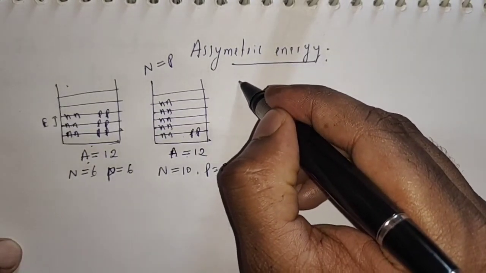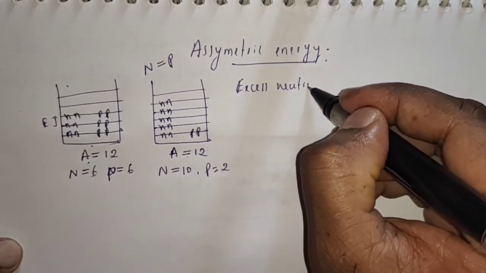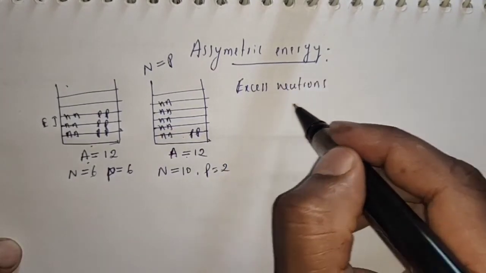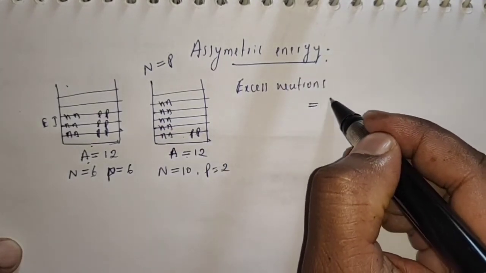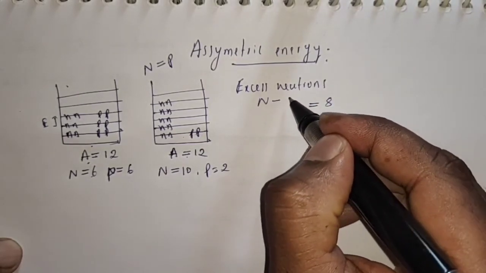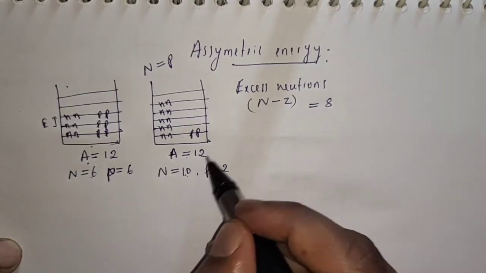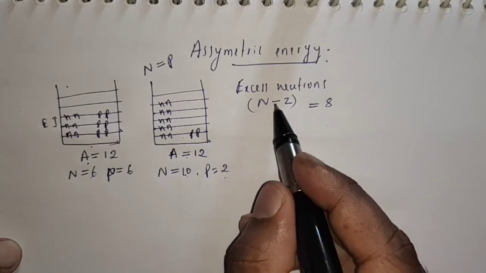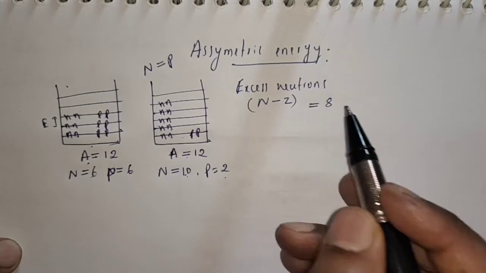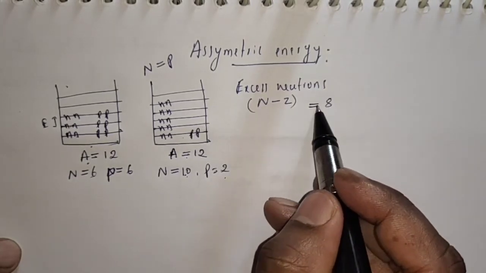There are excess neutrons, and these excess neutrons equal 8, or we can write it as N minus Z, where N is the number of neutrons and Z is the number of protons. It is 10 and it is 2, and this gives 8. So the excess neutrons in this nucleus is 8, or N minus Z.